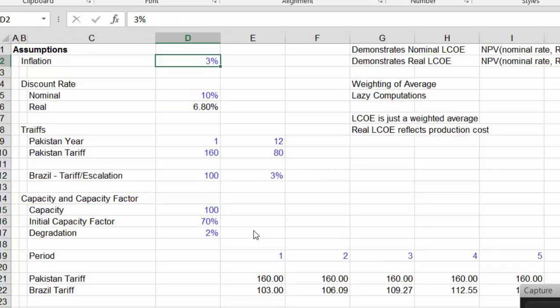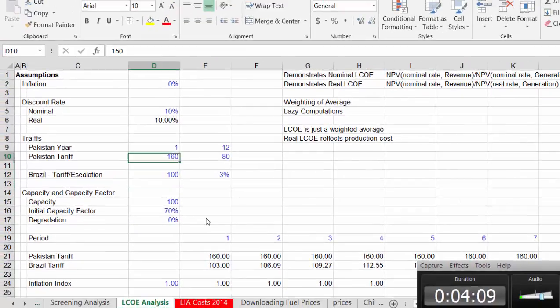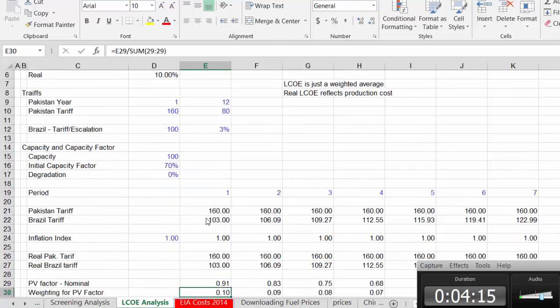We have an inflation rate of 3%. Now let's make an inflation rate of 0, and a degradation rate of 0. We assumed a Pakistani tariff that comes down and a Brazilian tariff that goes up to demonstrate this.